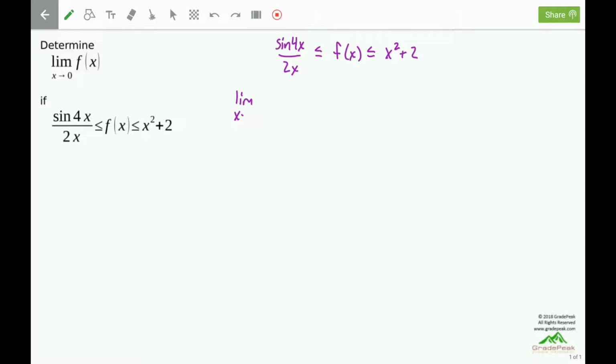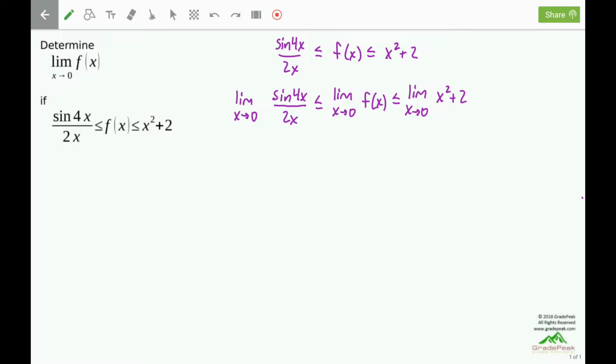So the limit as x approaches 0 of the sine of 4x divided by 2x, the limit as x approaches 0 of f of x, the one we want to determine, and the limit as x approaches 0 of x squared plus 2. The outer two limits we can evaluate to help determine the middle limit.